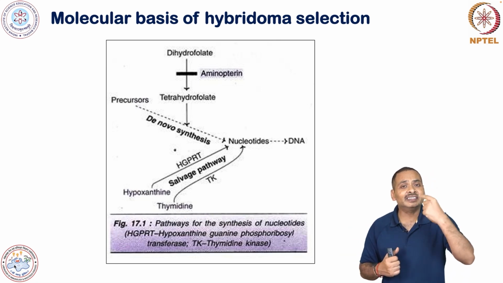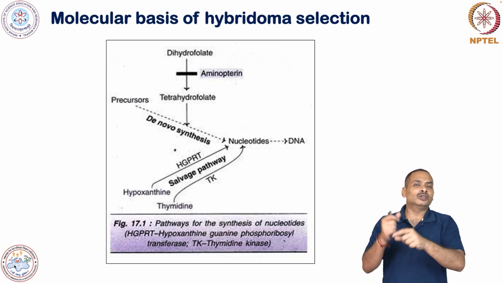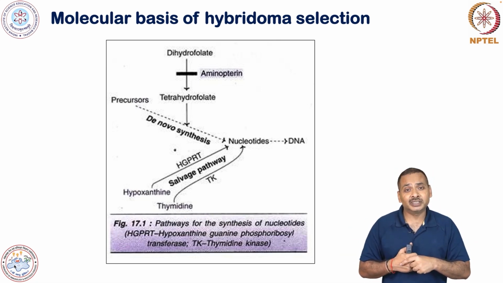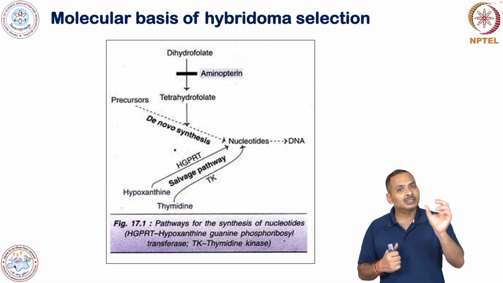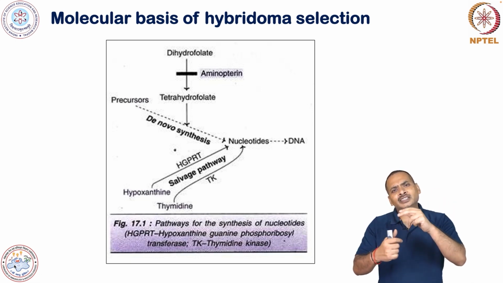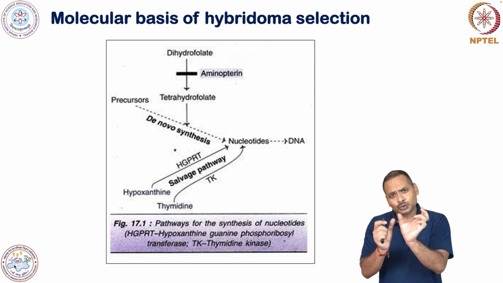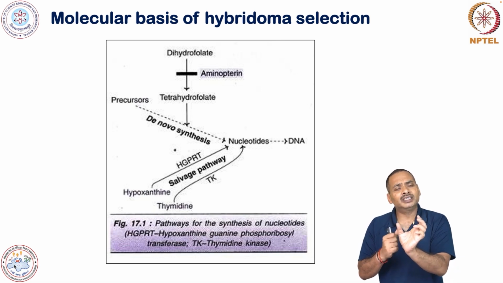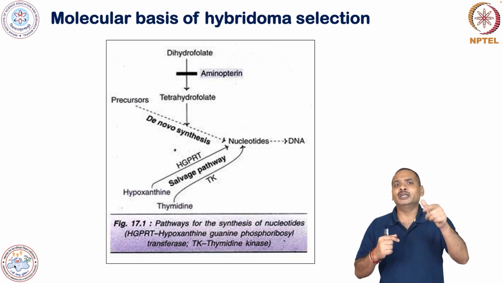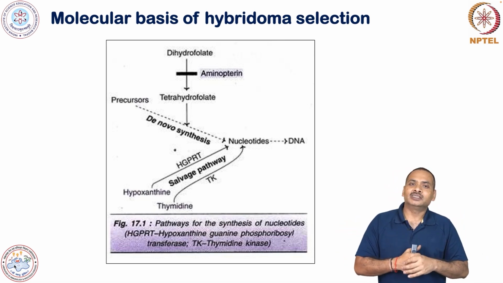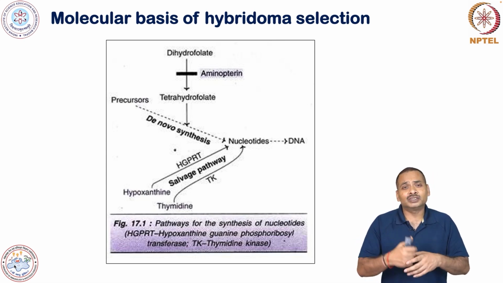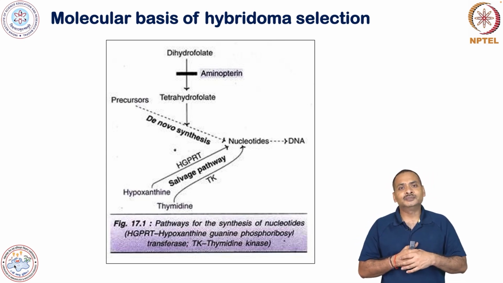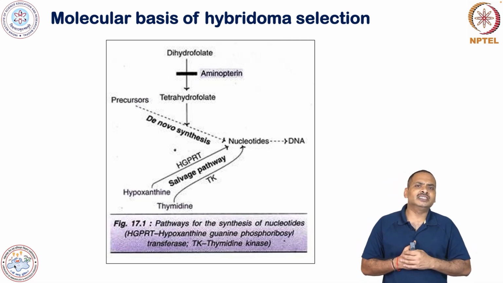And the melanoma cell lacks the HGPRT enzyme, which is provided by the spleen cell. So the fused cell will have HGPRT, and in the media you have hypoxanthine and thymidine. This will activate the salvage pathway, and then they can survive. In that way we screen those cells.